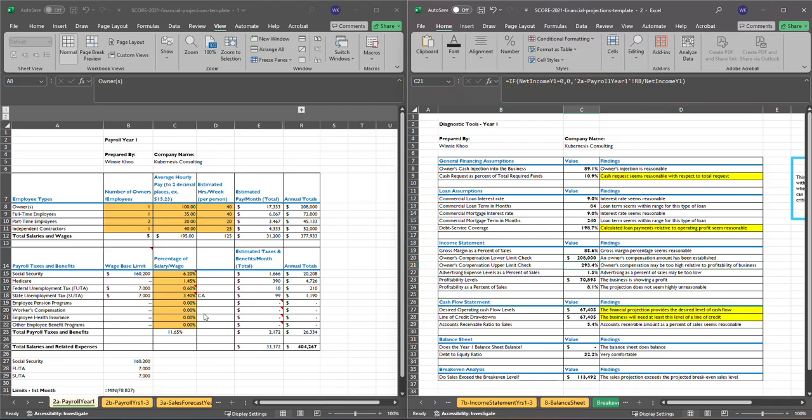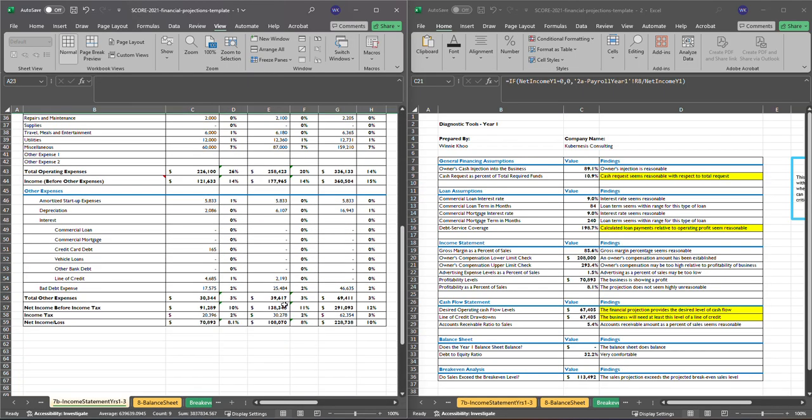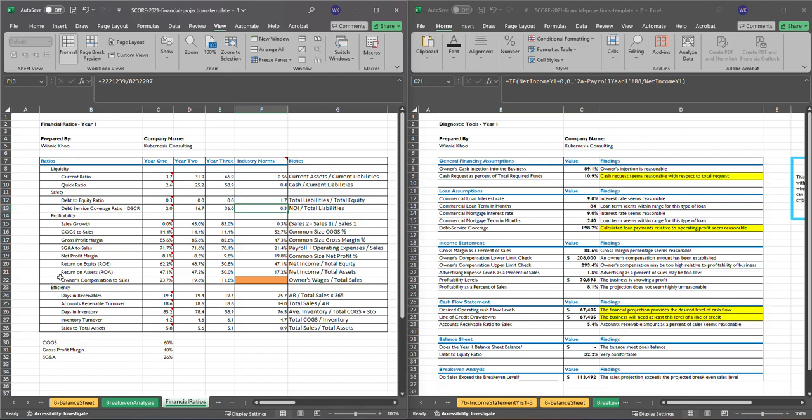Taking this 208 number divided by net income. That's very similar to the owner's compensation to sales, but this is to total sales, so the percentage is much smaller. This is saying relative to overall net income.